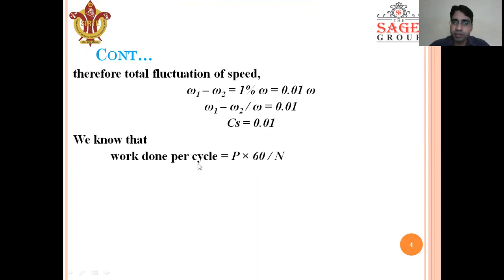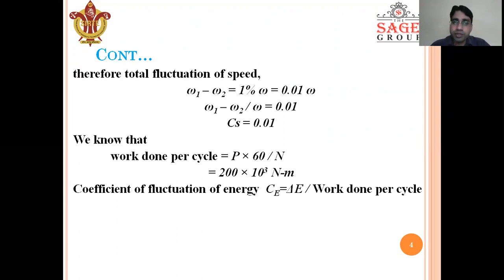So we get P into 60 divided by N. This is the work done per cycle. The power is already given in the question, and the value of N is 90, given in the data. You can see it in the previous slide, and we get the work done per cycle equal to 200 into 10 to the power 3 newton meter.